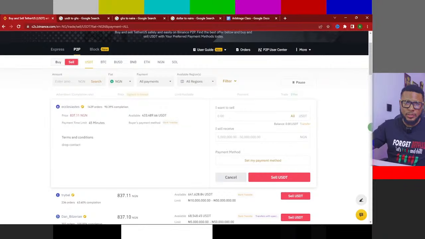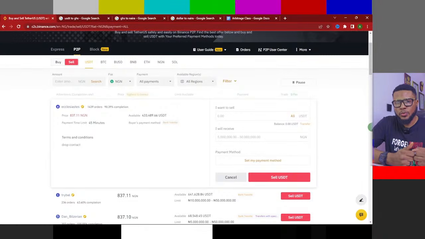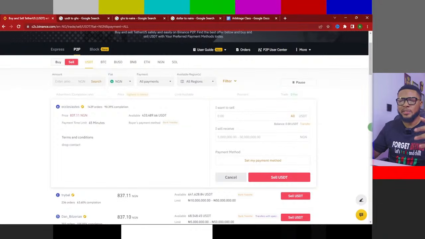Once you initiate the transaction to get the person's account number, Binance is going to hold the USDT until this person confirms that he has gotten the money, right? And then Binance will send you the USDT. So the people in charge of sending you the USDT now is Binance, not the guy.